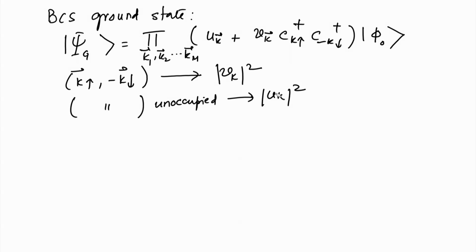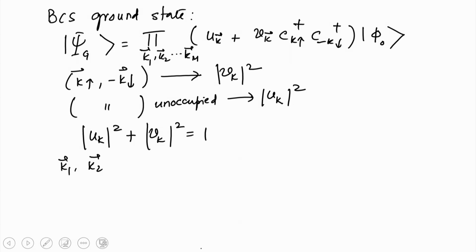Let us write it with a subscript k. And of course, the normalization says that u k squared plus v k squared should be equal to 1, which means that the probability that k up and minus k down would be either occupied or unoccupied, and the total probability is equal to 1. Take two states k 1 and k 2.